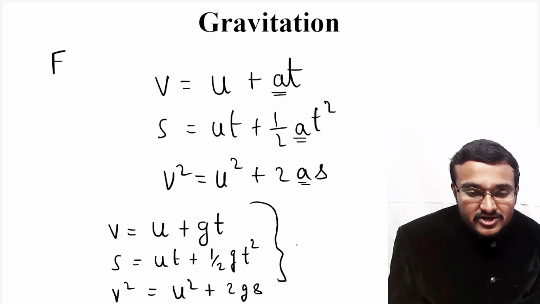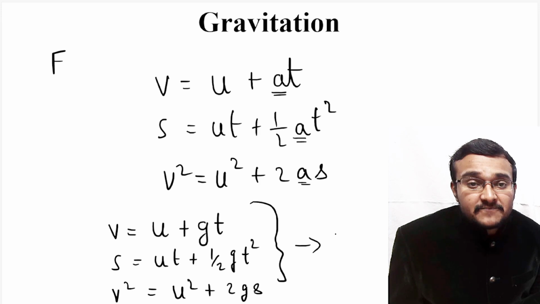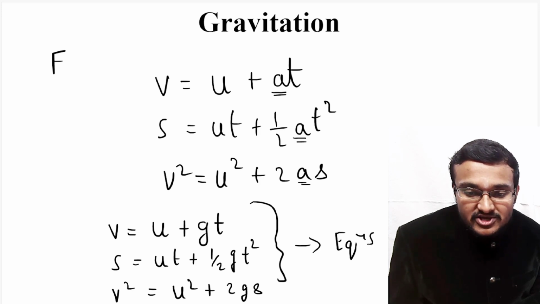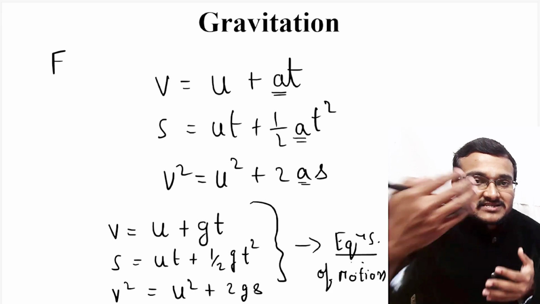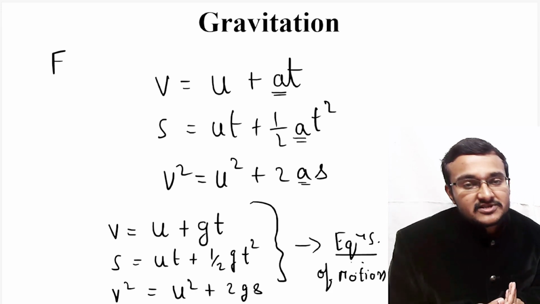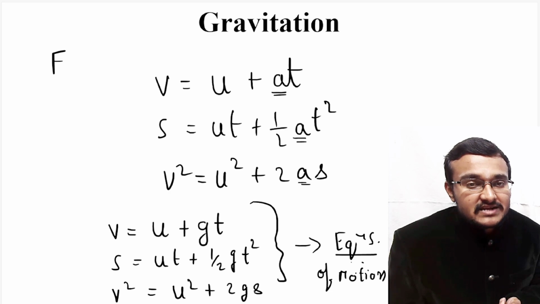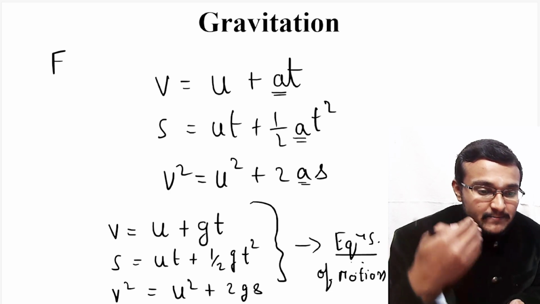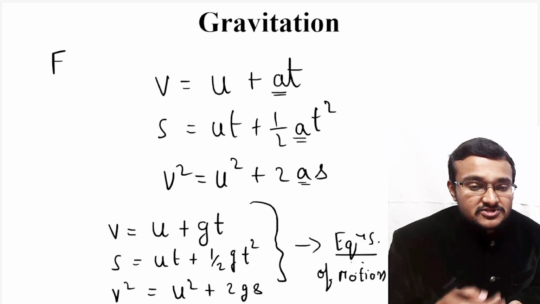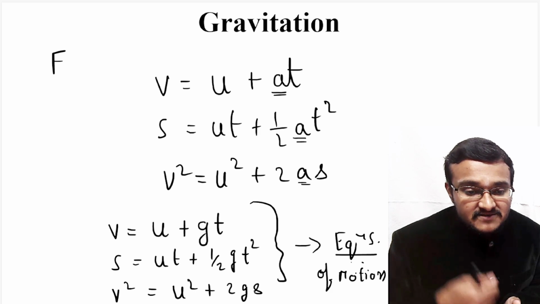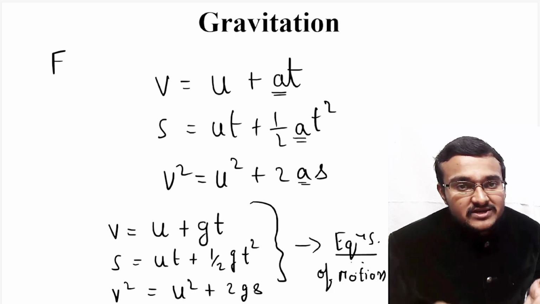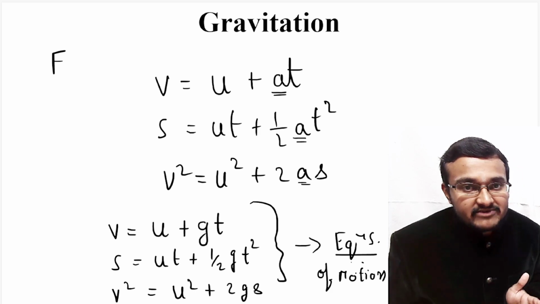So this will be your new set of equations of motion, especially when objects are in free fall under the influence of gravitational force. You can apply equations of motion to those free fall objects, and wherever acceleration is there, you can substitute acceleration due to gravity.